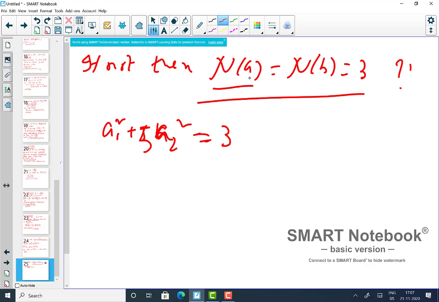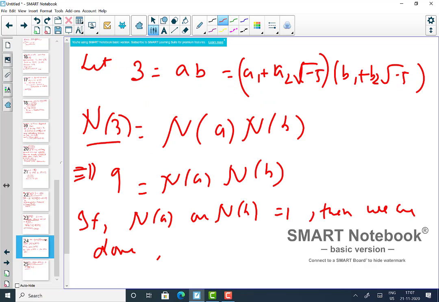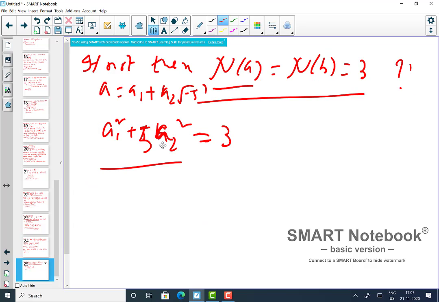The norm of a, for a equal to a1 plus a2 root over minus 5, equals this. Norm of a equals 3, norm of b equals 3, and norm of a equal to 3 means a1 square plus 5 a2 square equals 3, but this is not possible, right? It is impossible. You understood why?